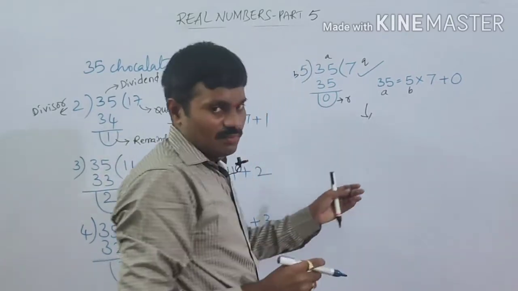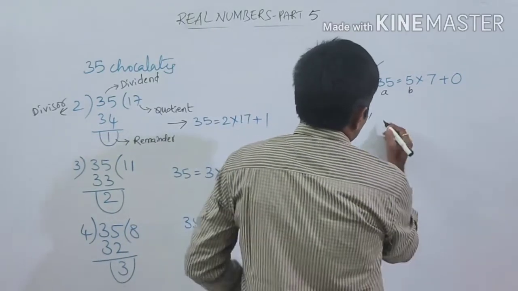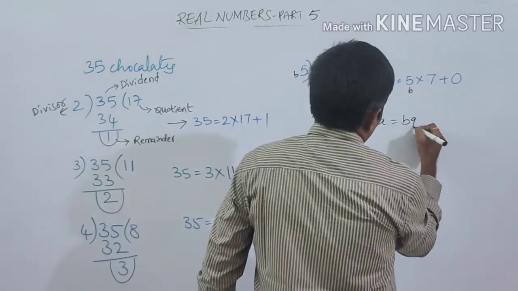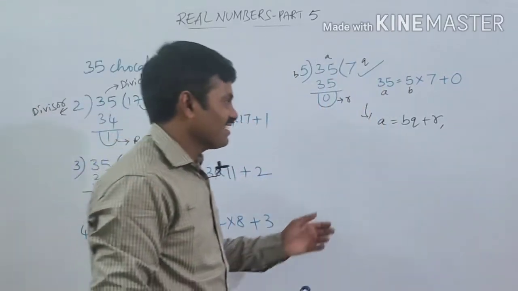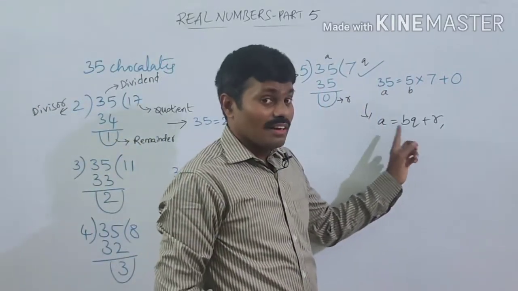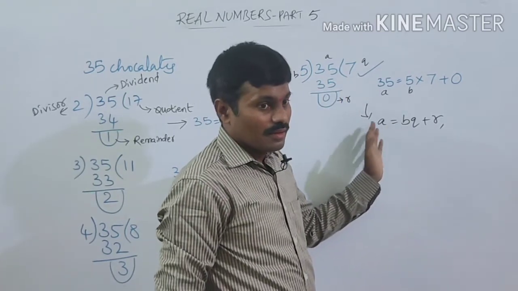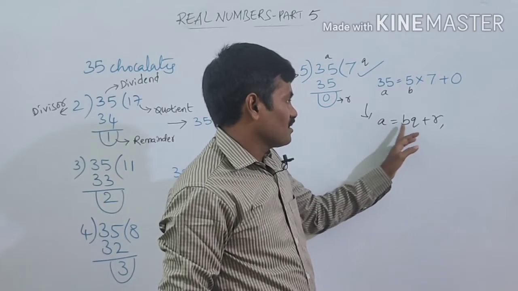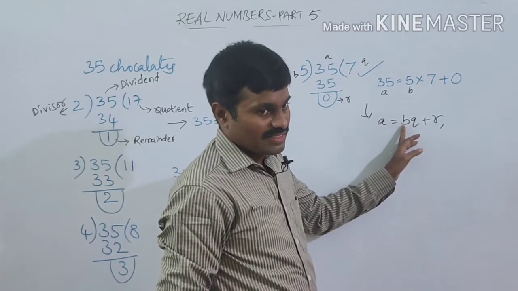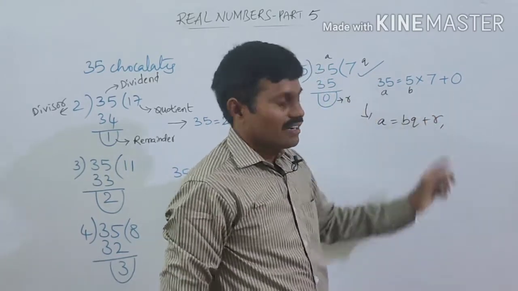We can establish one relation: A is equal to BQ plus R. Here, A and B, 35 and 5, are the pair of positive integers. A is the number of chocolates, B is the number of friends. Q and R are whole numbers; 7 and 0 we got are whole numbers.